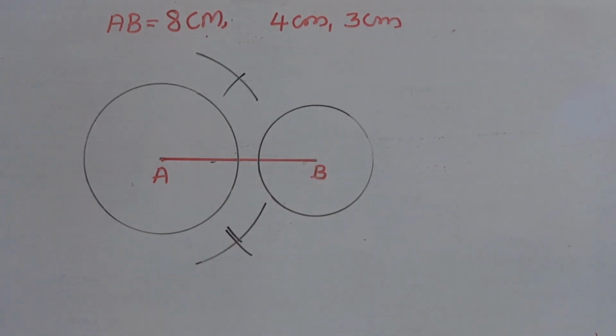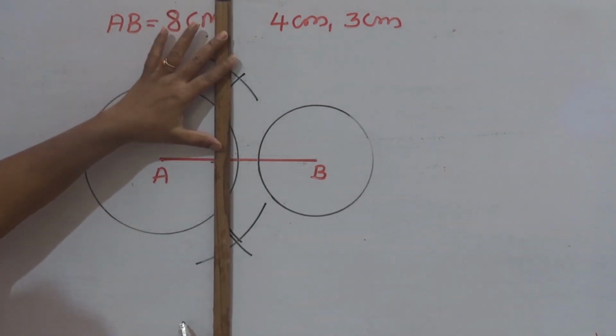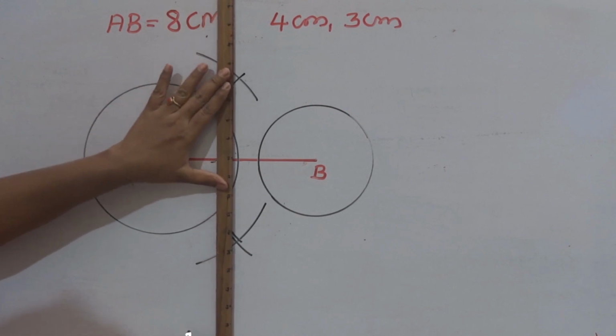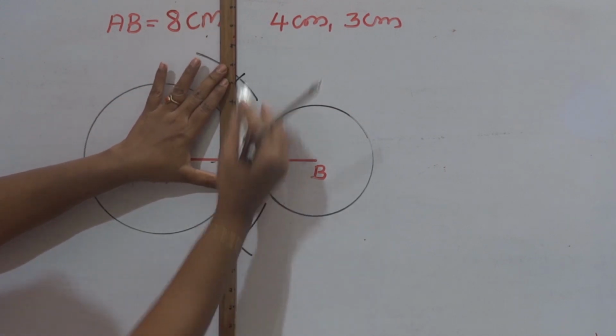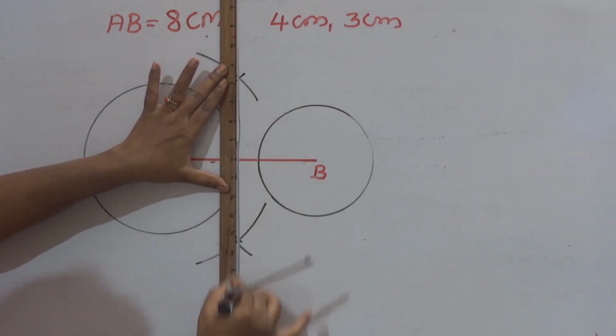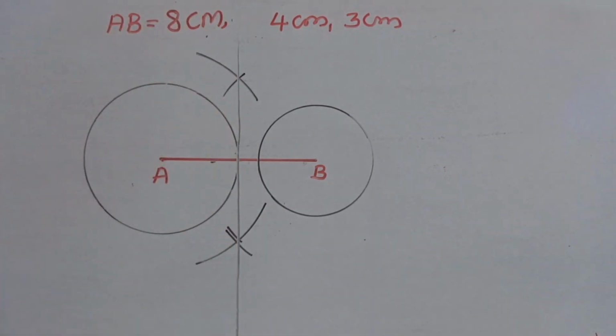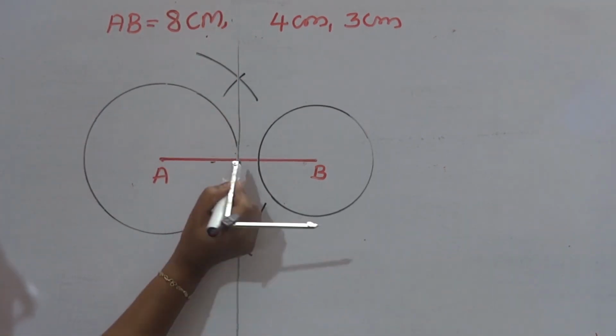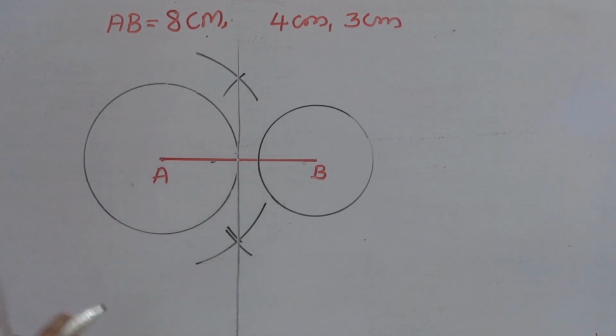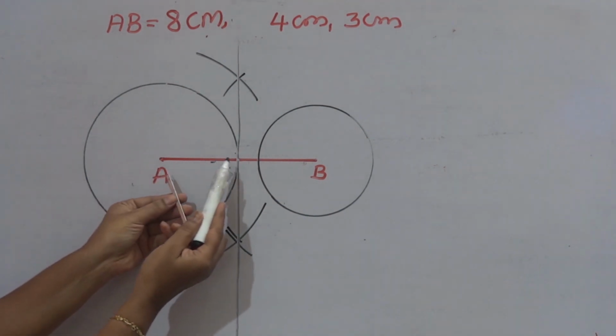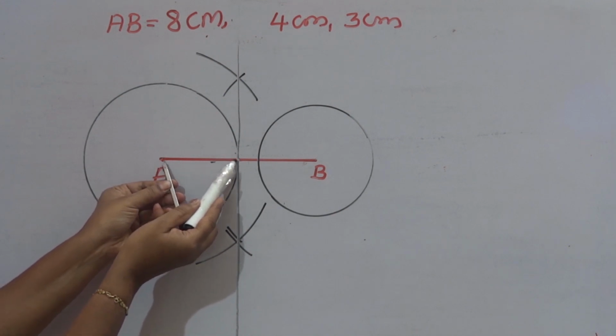Now we have to join these points of intersection of arcs to get the midpoint. This is the midpoint.